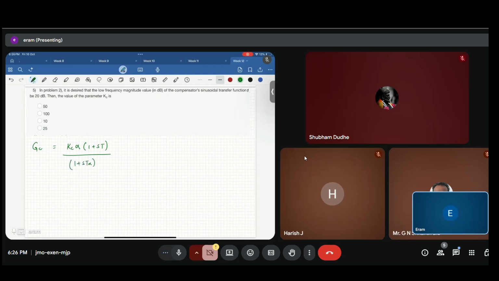Okay, so what will be the low frequency magnitude? How can we calculate the low frequency magnitude? Do we have any pole or zero at the origin?